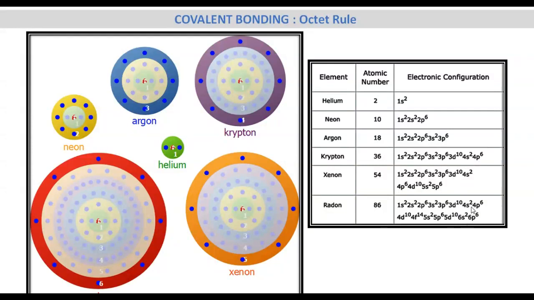So the elements containing 8 electrons in their last shell are the most stable elements in the periodic table. This general rule is known as the octet rule. The elements which follow the octet rule are the most stable elements.